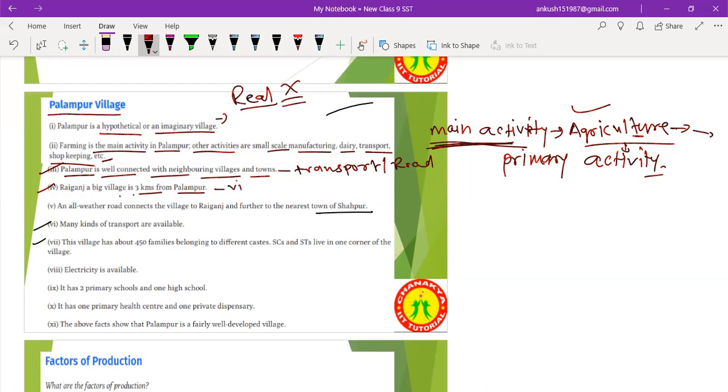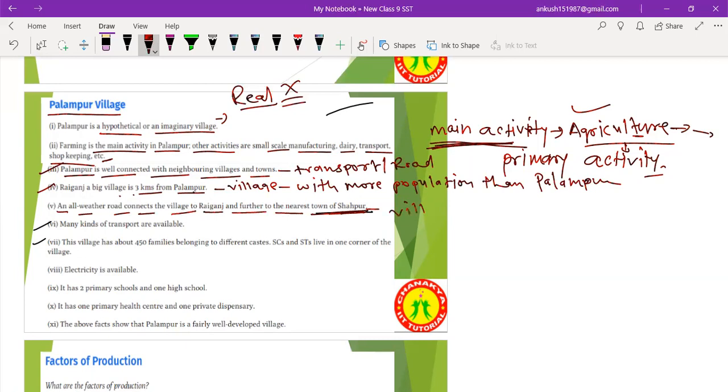It is also a village, but it has more population than Palampur. An all-weather road connects the village to Raiganj and further to the nearest town of Shahpur.